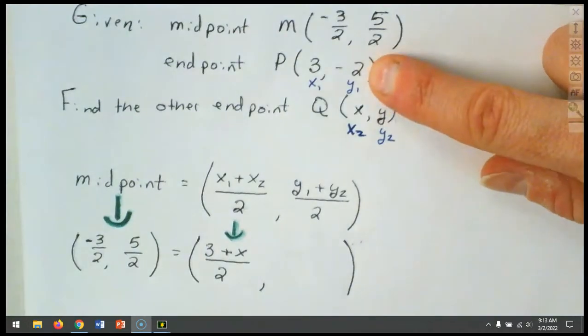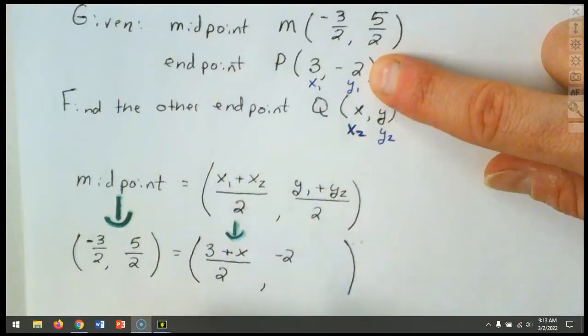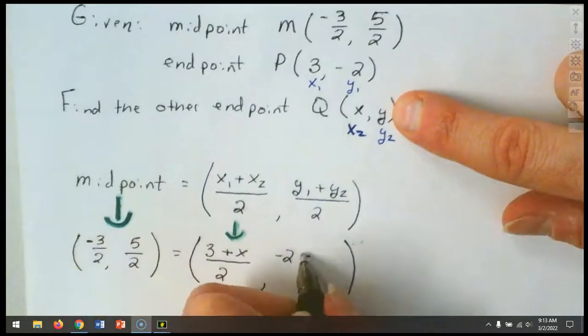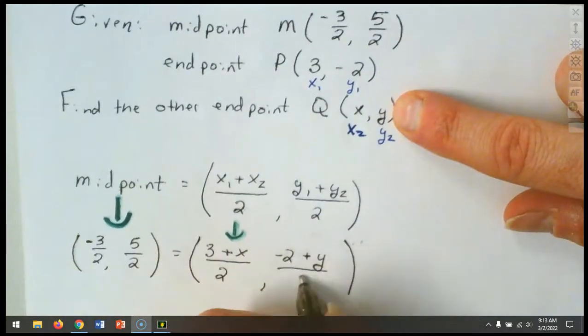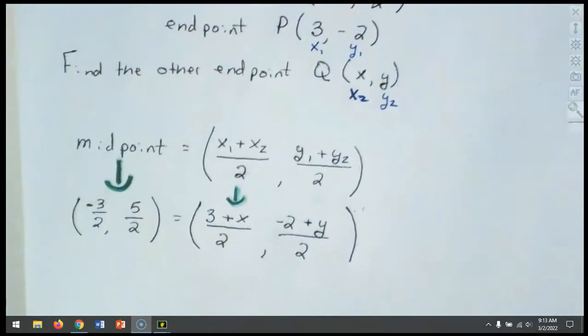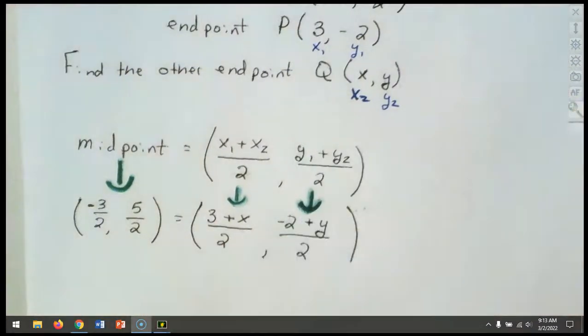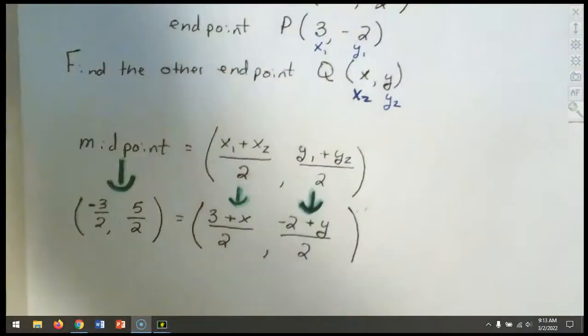Well, for P, what do we know about P? P's y value is a -2. Q's y value is a y. And that's over 2. Now the hard part's done. We just filled it in. And we're going to do 2 of these. Then we'll take a short break. Hard part's already done.